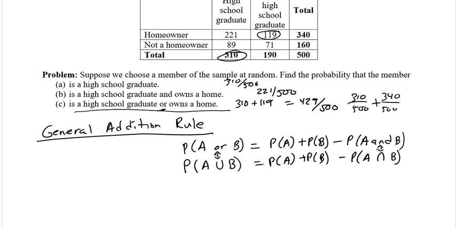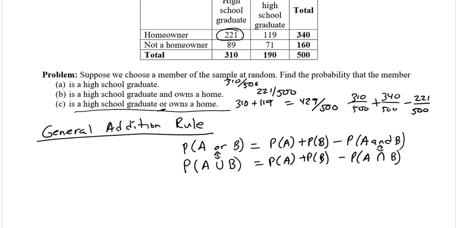The problem with using those two numbers is both of those numbers include this 221. 221 is part of the 310, and 221 is part of the 340. So we've double counted that 221, and what we're doing is subtracting off that 221 that we've double counted. That's what this formula, called the general addition rule, does.